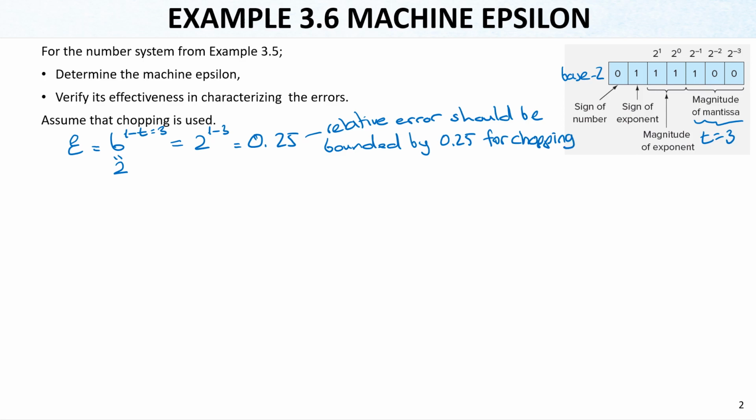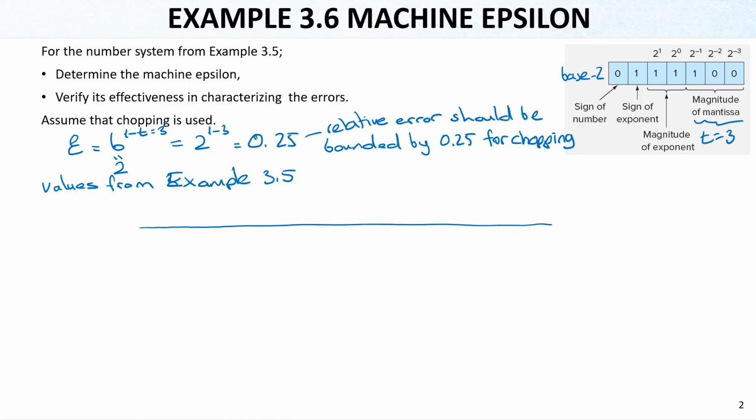And if we remember the values from example 3.5, if we draw them here, it was like this, and in the beginning regions 0.0625, 0.078125, 0.09375, 0.109375.